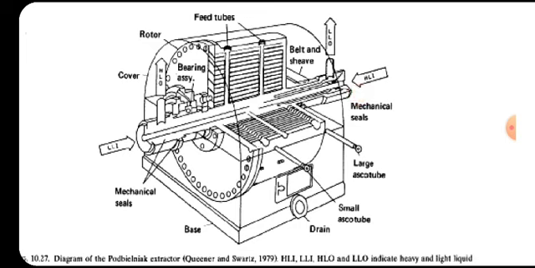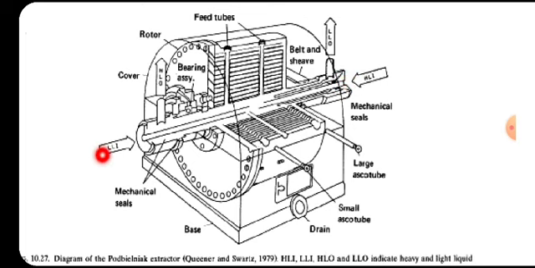this equipment is basically useful for the separation of two liquid phases, heavy liquid phase and light liquid phase. So heavy liquid phase is allowed to enter this centrifuge through the center.